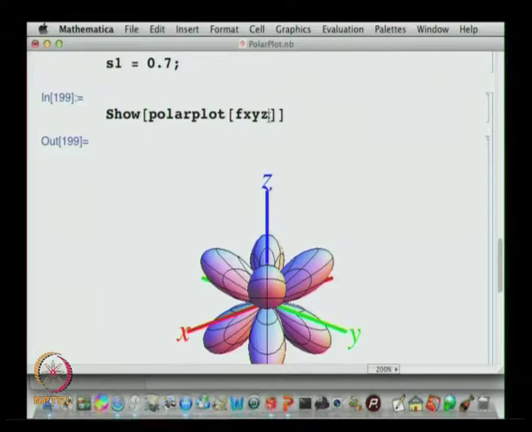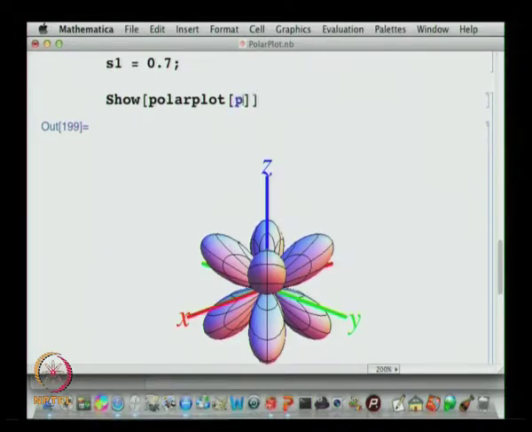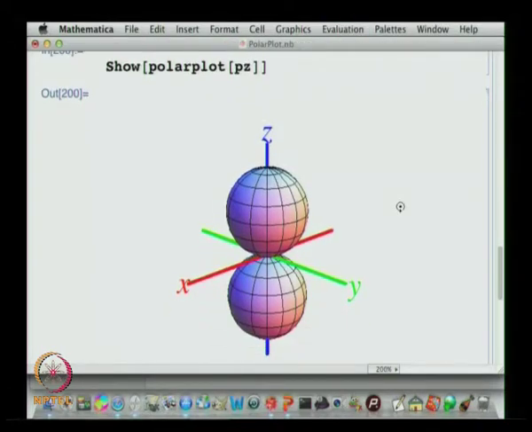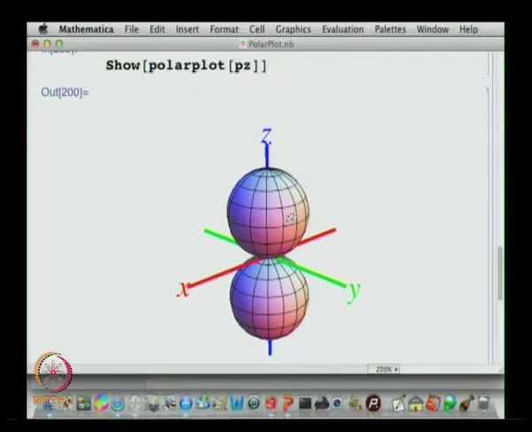What we are interested in is a polar plot of Pz, and you see this is how the 3-dimensional appearance of the polar plot would be. Okay. Now, the advantage of this kind of software is that you can actually view it from any angle if you like.